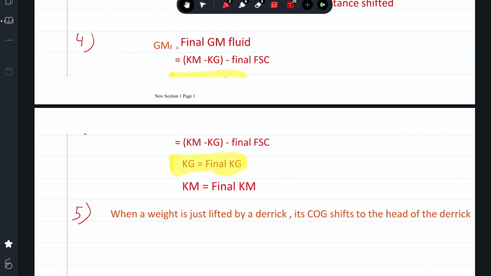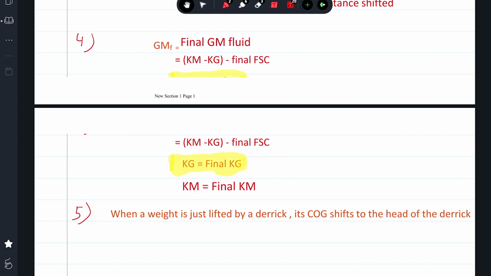You know how to calculate. Again the same formula is there: W into D upon final displacement. In the case of vertical shift upward and downward, D is the distance between the ship's center of gravity and the cargo's center of gravity. In the case of loading and discharging, and in the case of shifting, again it is the distance by which the cargo is shifted.